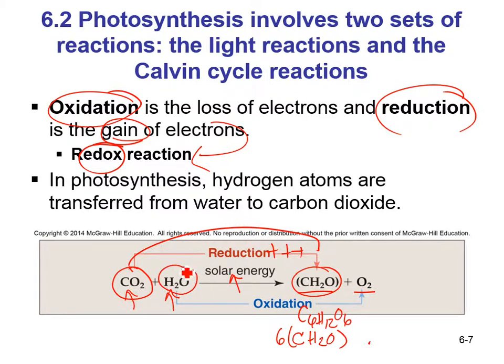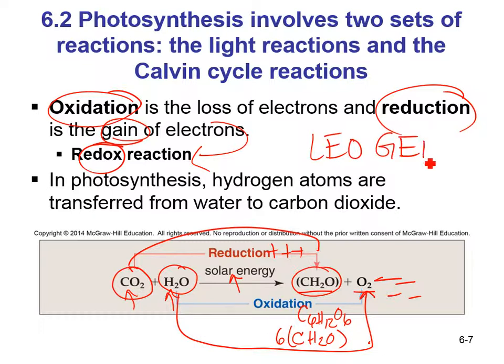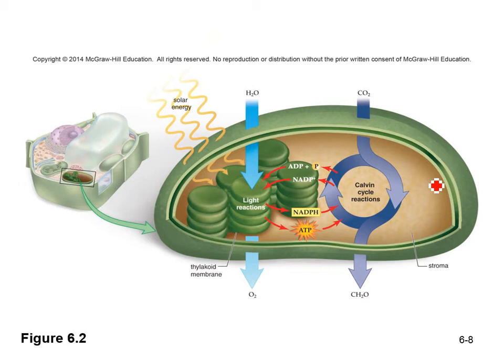We are going to take items away from water to oxygen. We're going to remove items. Sometimes you'll hear people say, Leo the lion says grr. So a loss of electrons is oxidation. A gain of electrons is called a reduction. I know it sounds silly, but that's how it is.